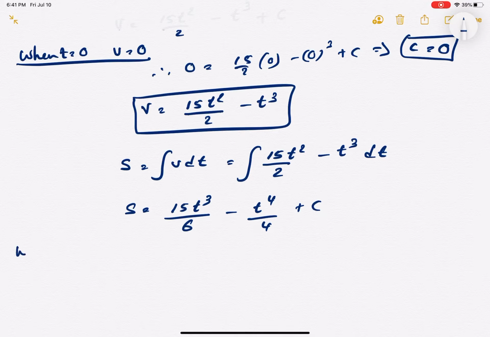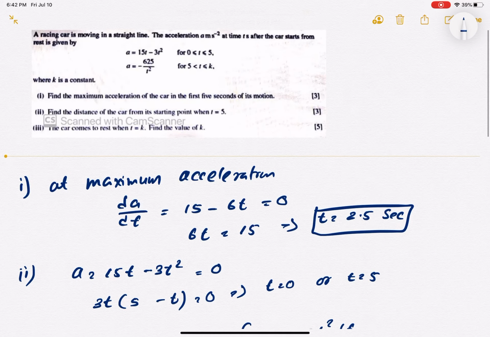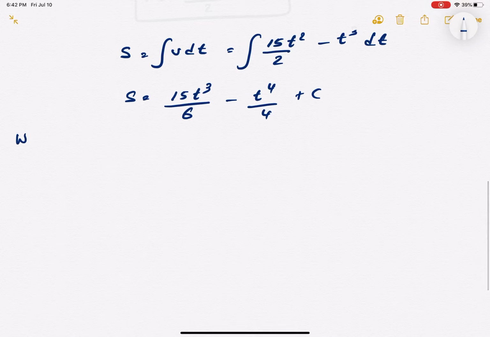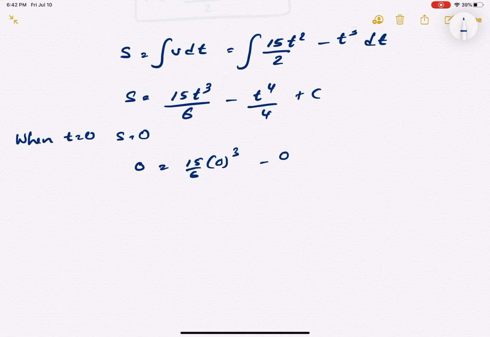The distance which they want us to find is from the starting point, so we need to take the starting point's displacement to be 0. So when t is 0, s is 0. Therefore 0 equals 15 by 6 into 0 cube minus 0 to the power of 4 by 4 plus c, which means once again c is 0.